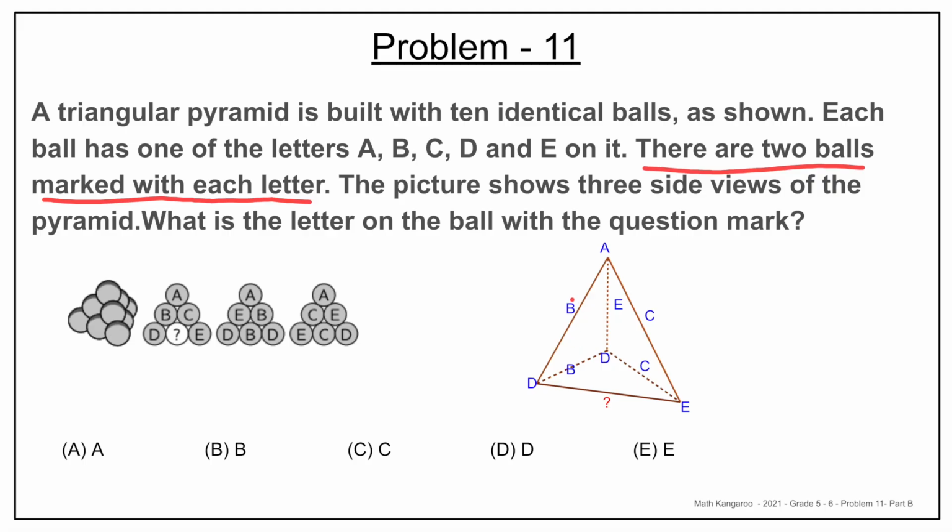There are two balls marked B, two balls marked C, two balls marked D and two balls marked E. We only have one ball marked A. So the missing ball, the one with the question mark, must be another A to make it two. So our answer is option A.